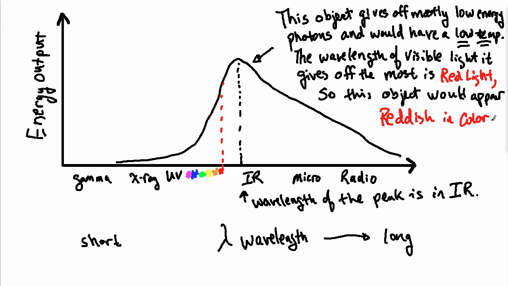I'm going to make that point again. While this object's peak wavelength is occurring at infrared light, the wavelength of visible light that it gives off most is red light, and therefore the object would appear reddish in color. So I'll just draw this little red object here to say that this could be the light curve of that red object.